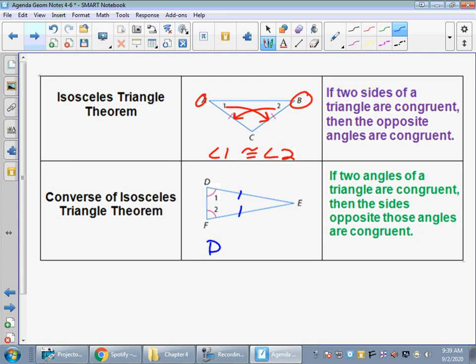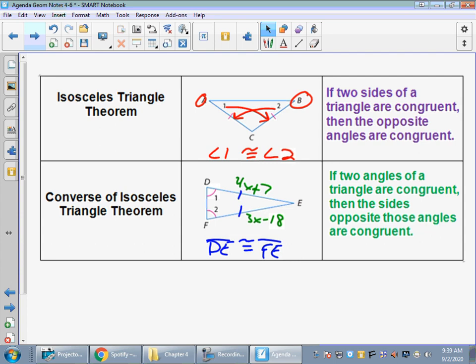So DE would be congruent to FE. And you could go one step further and say, well, what if we didn't know those sides, and this side was 4x plus 7, and this side was 3x minus 18. Well, then you could, of course, set those two sides equal to each other because they're equal, and then you could use algebra to solve. So you're going to see some problems like that.